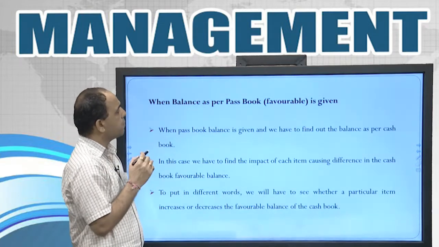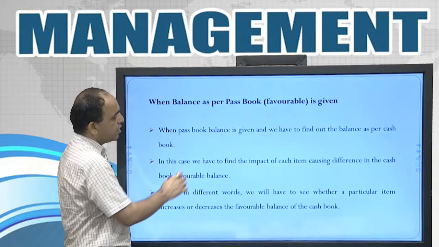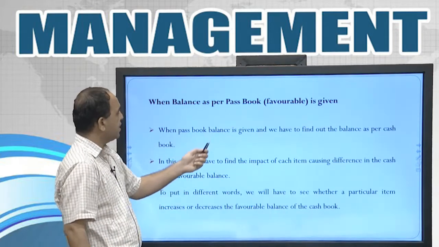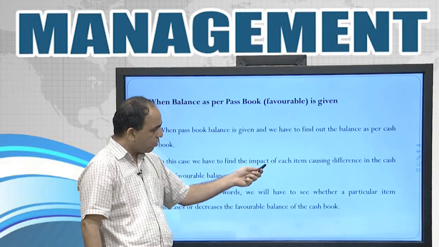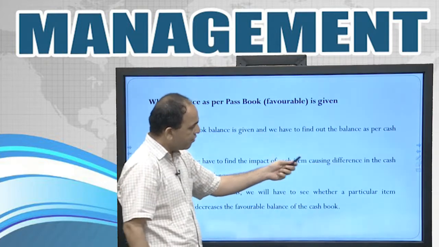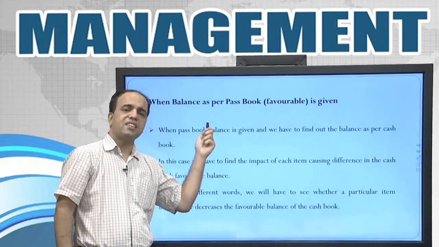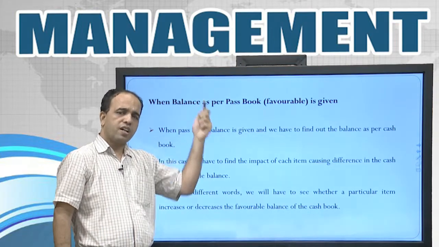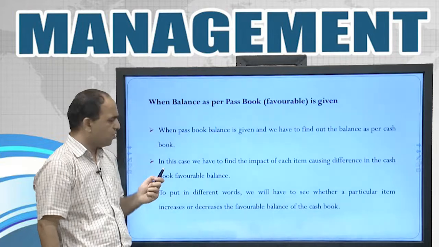When the balance as per passbook is given and we have to find out the balance as per cash book, in this case we have to find the impact of each item causing difference in the cash book favorable balance. As I said, if you understand the cash book column, the remaining columns will become very easy for you.